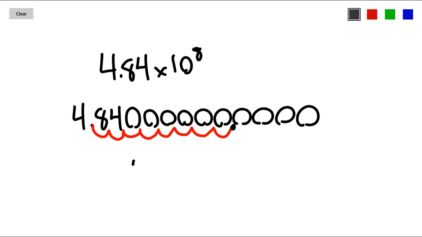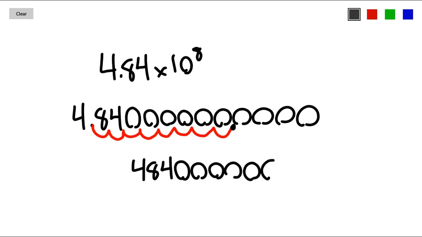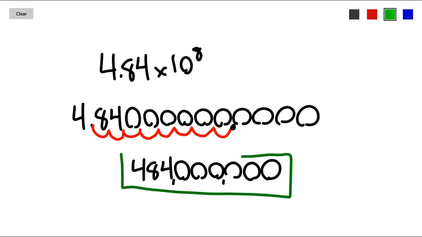So this is going to give us 484 with 6 zeros behind it, and that's our answer. So essentially we're just reversing the process.